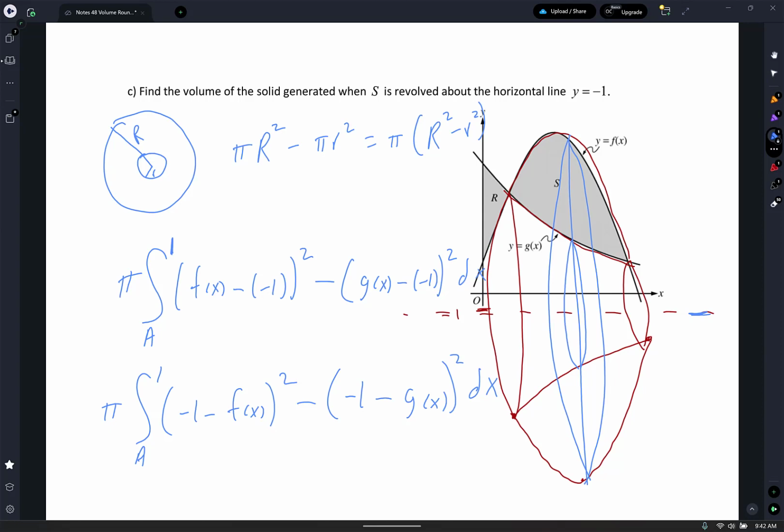I told him, just go axis of rotation minus curve, and you'll get it right every time. That helped him because he didn't have to think. Since you're squaring it, the negative's going to go away. So if you don't know what to do, axis of rotation minus curve, no thought involved, you just make it a habit.